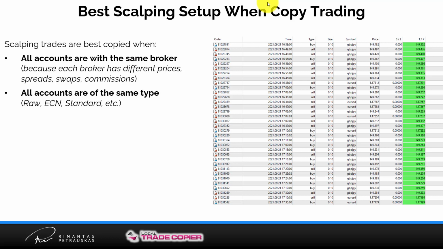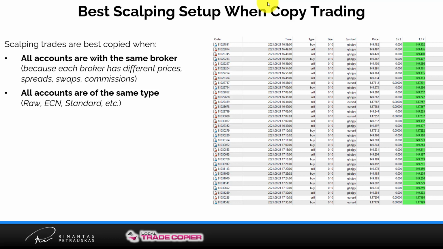Also, another important thing is that all accounts are of the same type. Imagine the scenario that you have an IC Markets broker on the master side, and you tell your clients, okay guys, I'm copying scalping trades, so you have to get an IC Markets account as well.